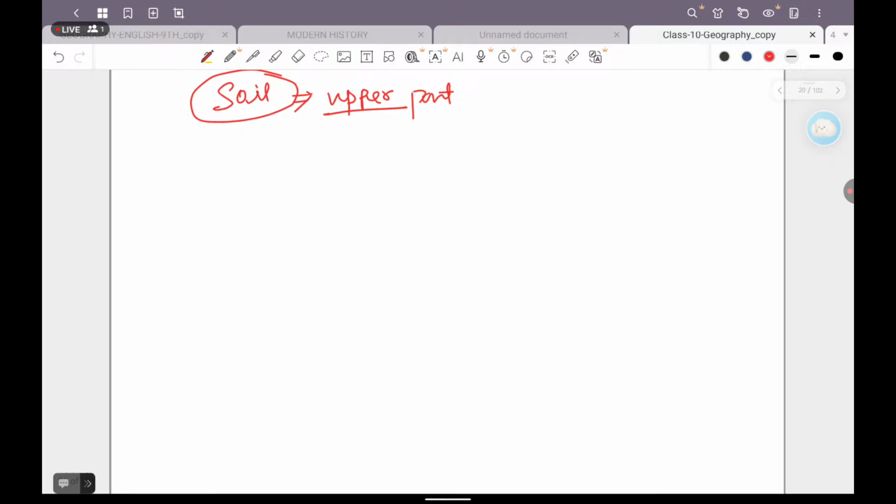So it is the upper part of the earth's surface.